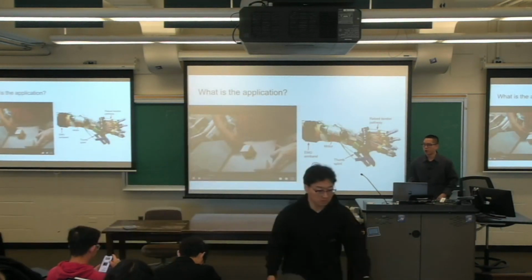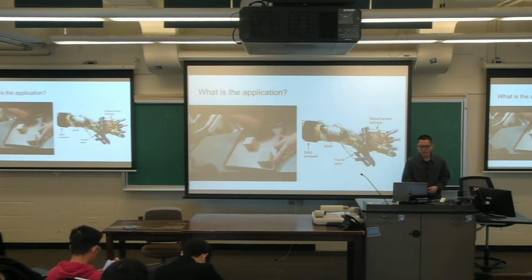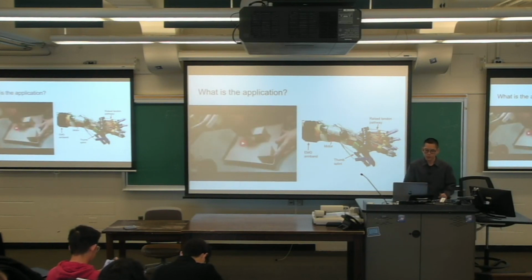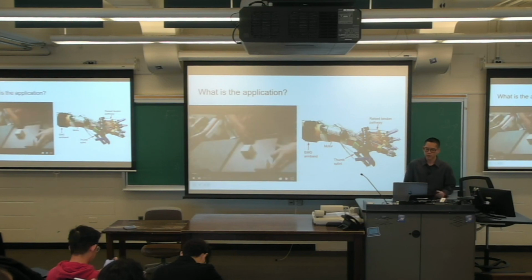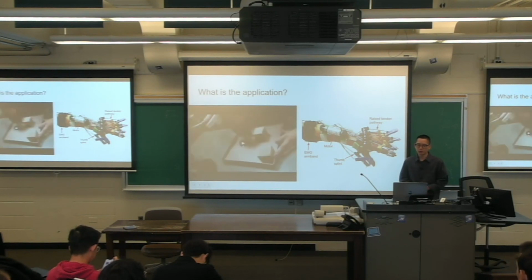A lot of the daily tasks that you and I take for granted are very hard for the stroke subject. This is an example of a stroke subject trying to do a pick and place. Obviously, it's impossible for her to do that.